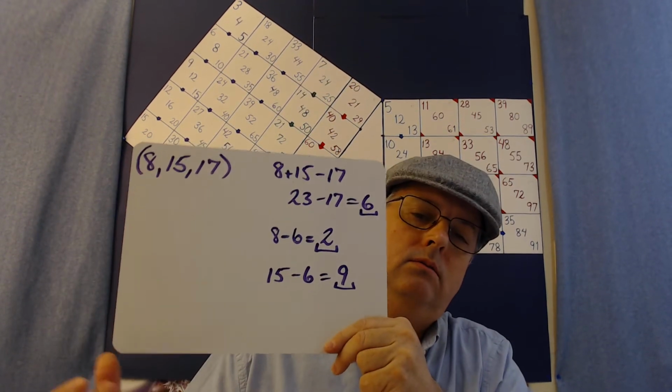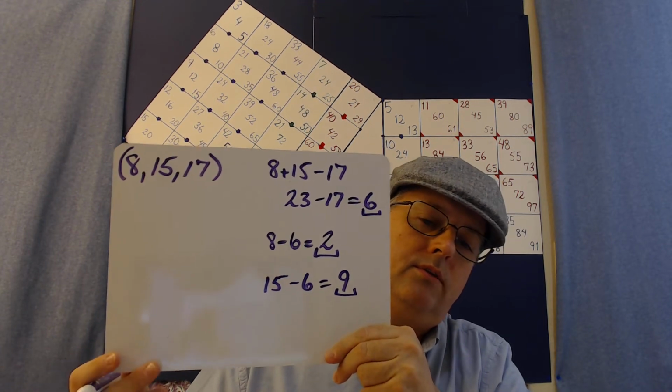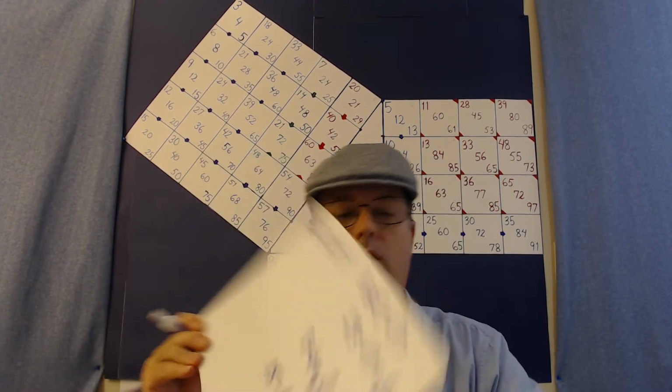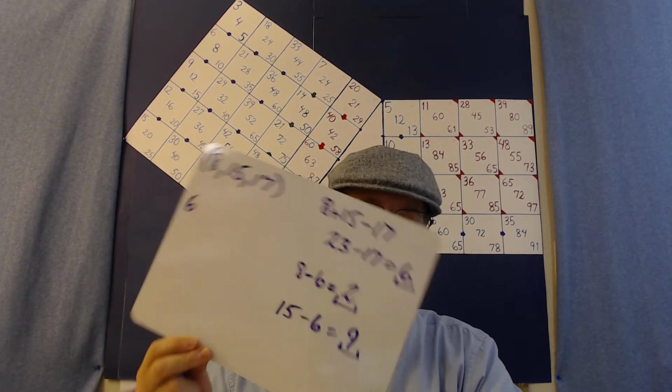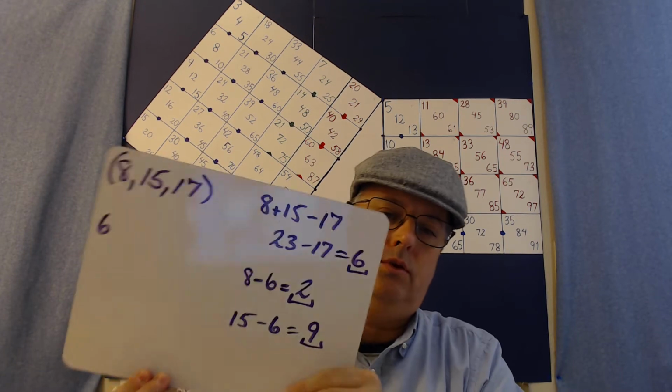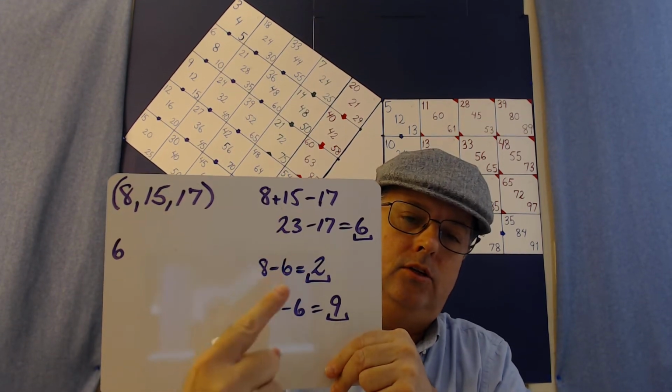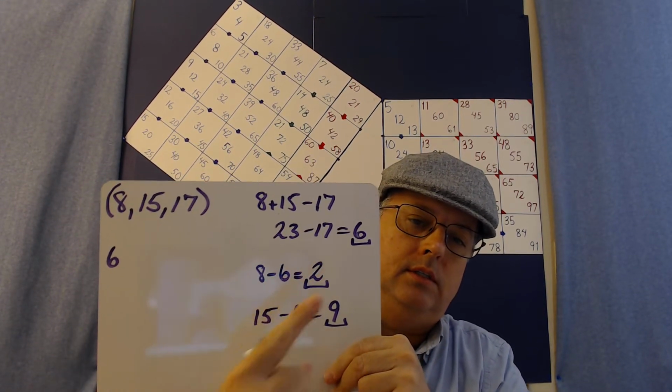Now with this arrangement we can do something interesting. Taking the first value, the 6, and the second value, the 2, 6 plus 2 equals 8.